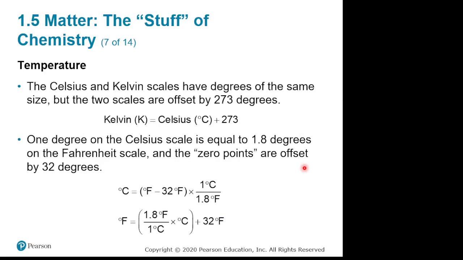So if you want to convert, Kelvin equals degrees Celsius, whatever that number is, 0, 100, whatever, plus 273. And that's going to give you your kelvins. If you want to go from kelvins to Celsius, what do you do? Subtract, right? You just subtract that 273.